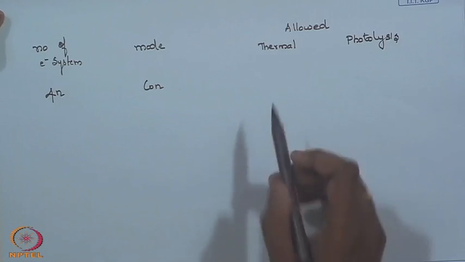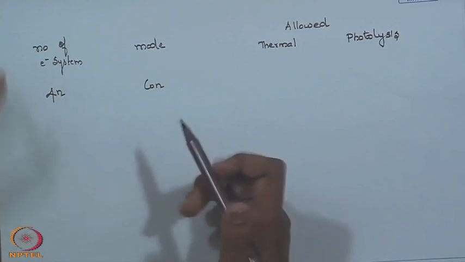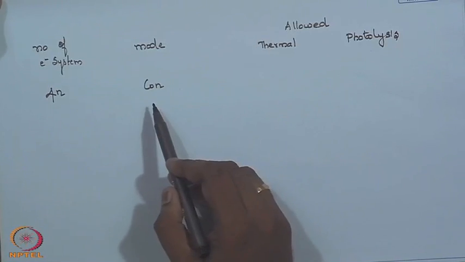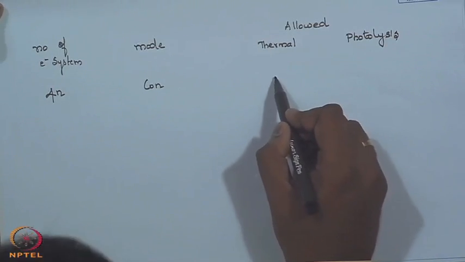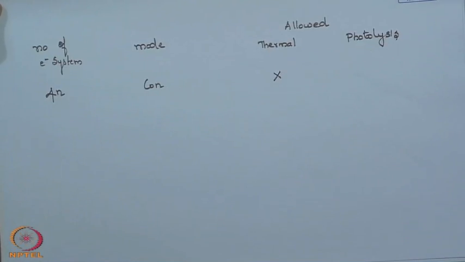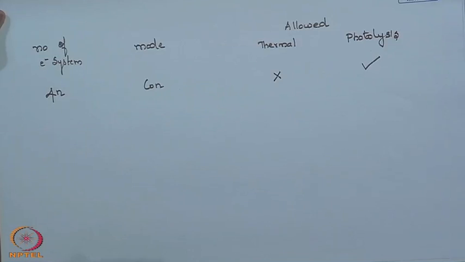What we have studied for a 4n system ring closure, con is allowed in thermal, right, but for ring opening it is just the opposite, it is allowed in photolysis for a 4n system.